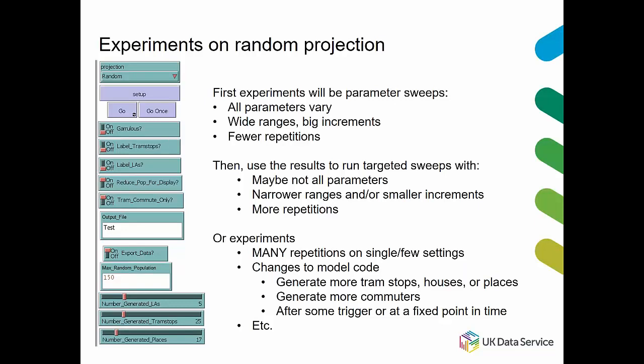Maybe you want that to happen when something like a particular tram stop hits capacity too often, or maybe just at a fixed point in time. So after 1,000 time steps, you build a new tram stop and you run it, and then after another 1,000 time steps, you build a new tram stop. But that would require more coding in the model. Mine is just a static network.